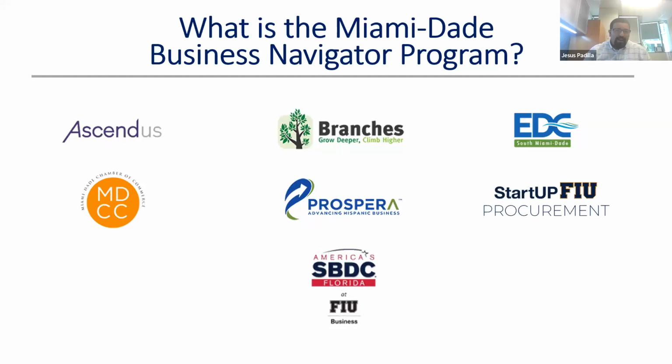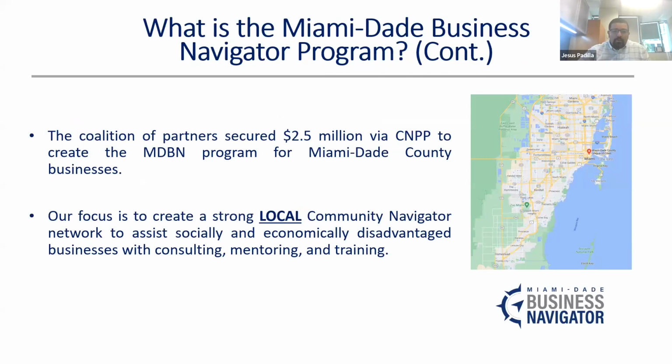A perfect example: have you already started thinking of your 2024 goals as we speak? It's a good opportunity for you to start implementing some of those strategies so you can have a head start instead of waiting until January 1st. The overall focus of this Navigator network is on three key pillars: consulting, mentoring, and trainings.